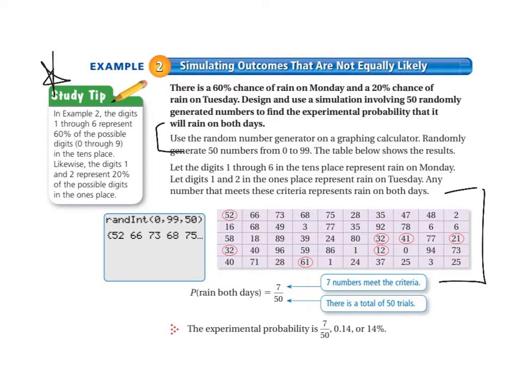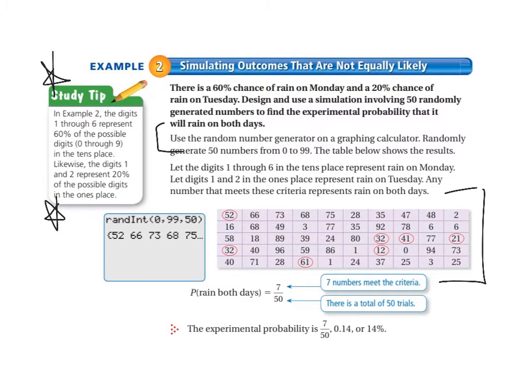Let the digits 1 through 6 in the tens place represent rain on Monday. Let the digits 1 and 2 in the ones place represent rain on Tuesday. Any number that meets these criteria represents rain on both days. Over here the study tip explains why they chose those.